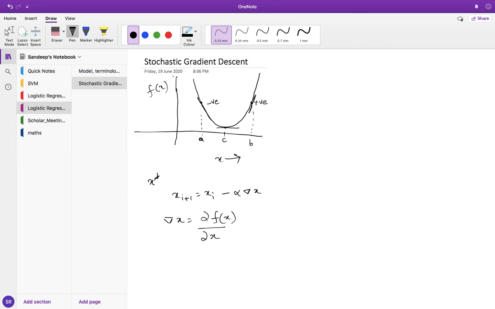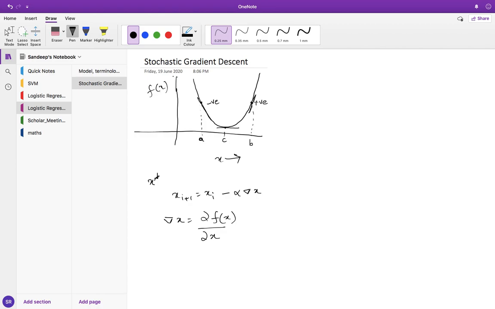That is denoted using alpha. Suppose you are at a point x, say A, and we would be computing the next point of x using this equation.